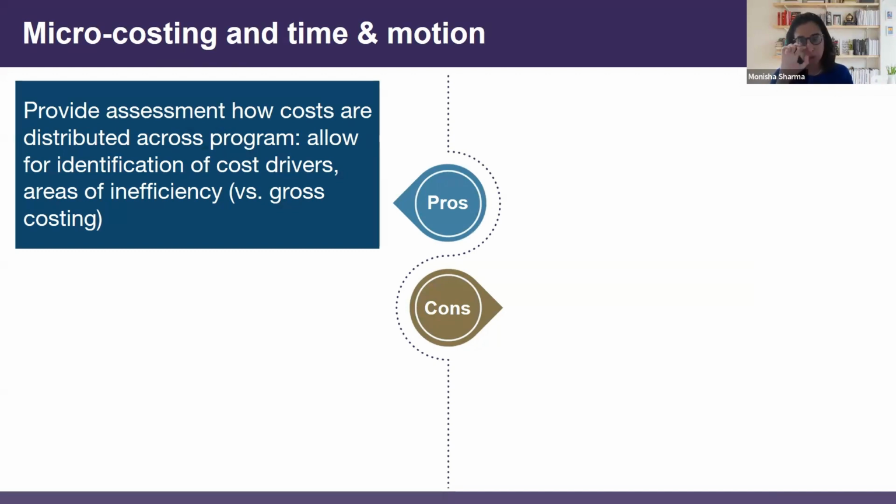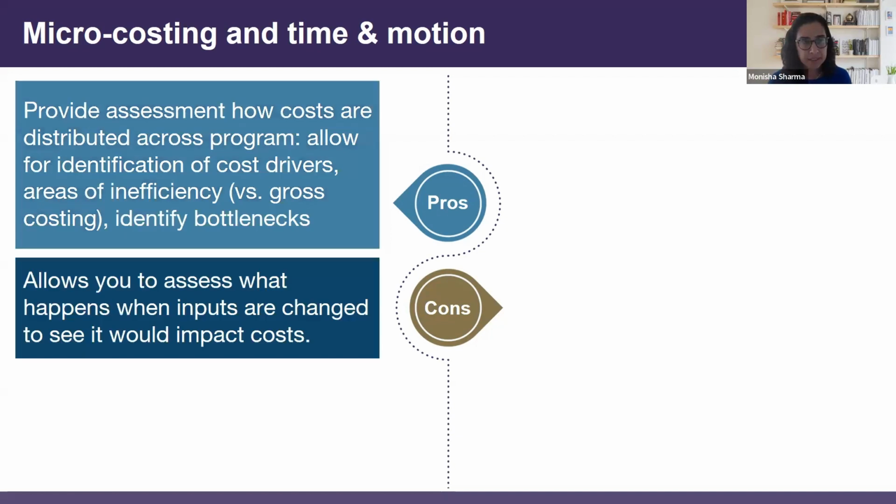And this is different from gross costing. If you just have the total cost and the number of people, you can just say it costs X amount for a clinic visit, but you can't say personnel are the largest cost driver or supplies, and you're not really able to change around the scenarios to look at different ways that the program could be implemented.